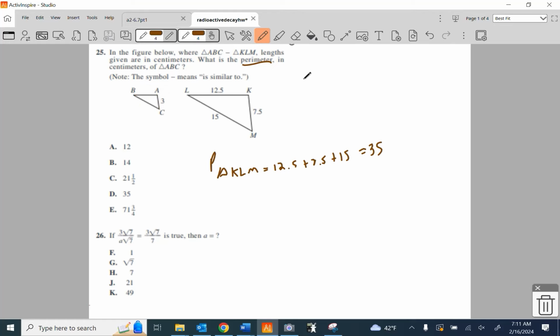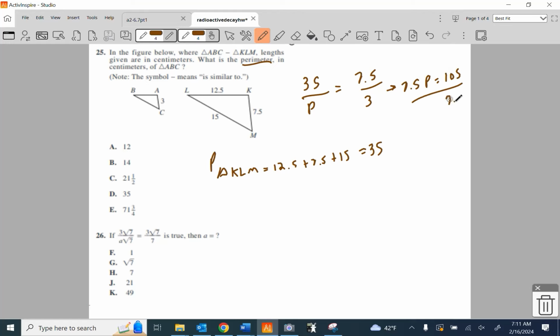So the perimeter of 35 must compare to the perimeter of this little triangle as this 7.5 compares to that 3. That's the idea. And then you do some cross multiplication. P times 7.5 is going to be 7.5p. And 3 times 35 should be 105.